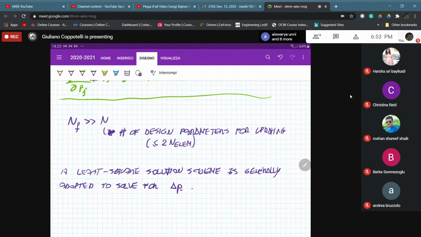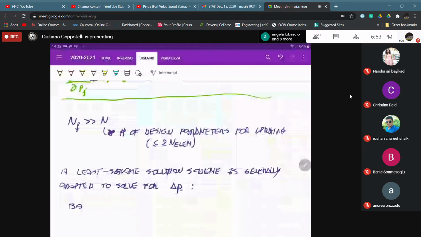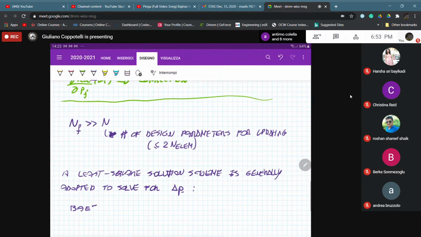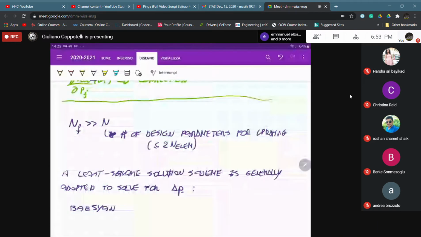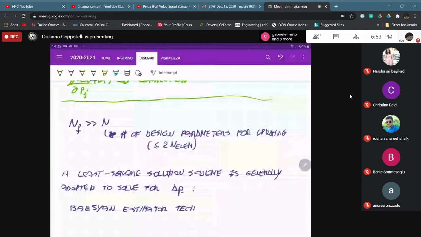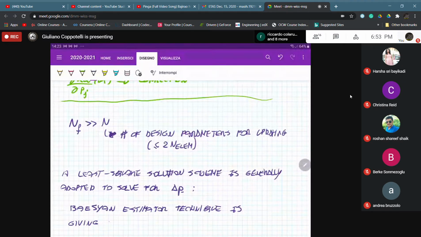So what we can write here is that the Bayesian estimator technique is giving the more accurate results by experience.